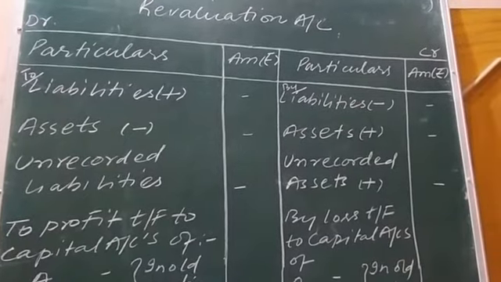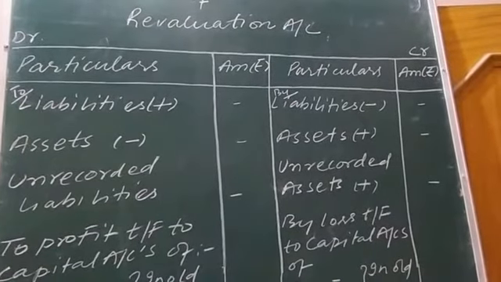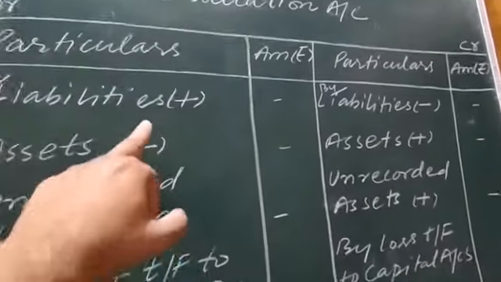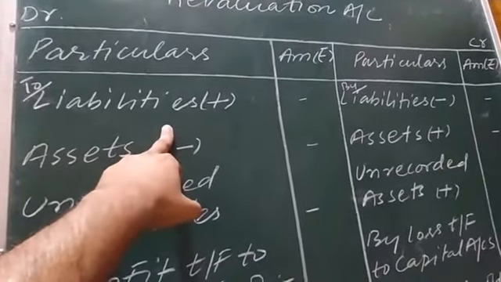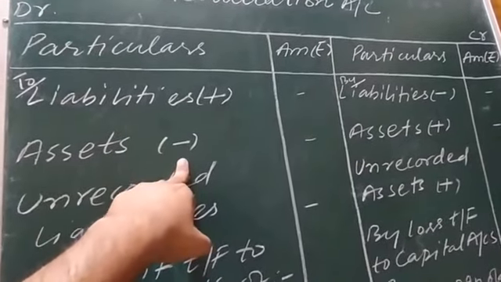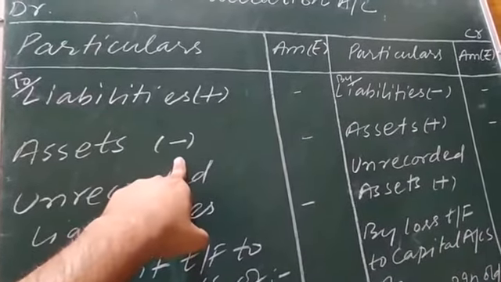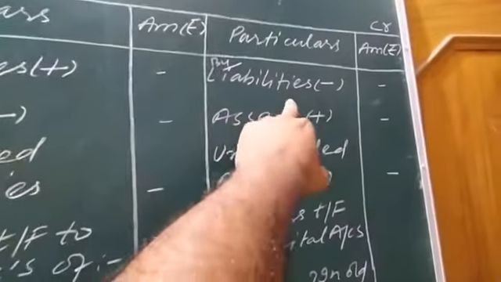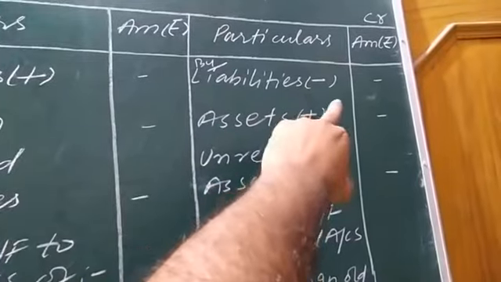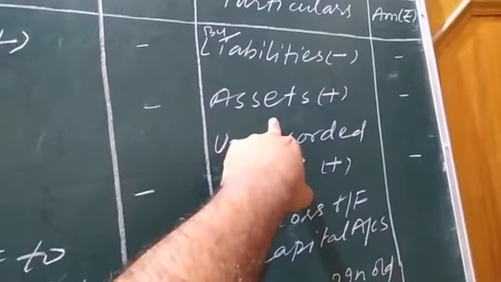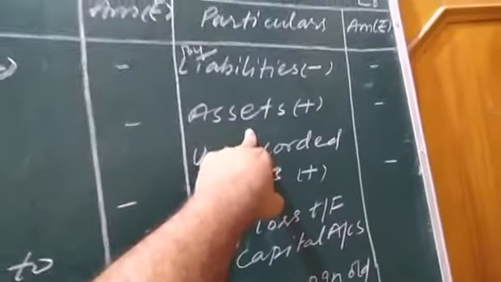Now we know that liabilities and assets are opposite of each other. If we show the increment in liabilities on the debit side, then it is obvious that decrease in assets will be shown on the debit side. Similarly, if we show the decrease in liabilities on the credit side, then the increment of assets, the opposite of liabilities, will be shown on the credit side.